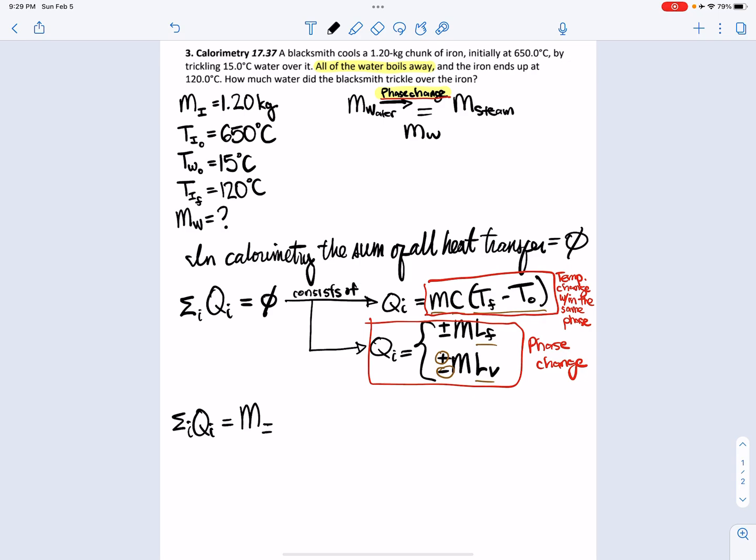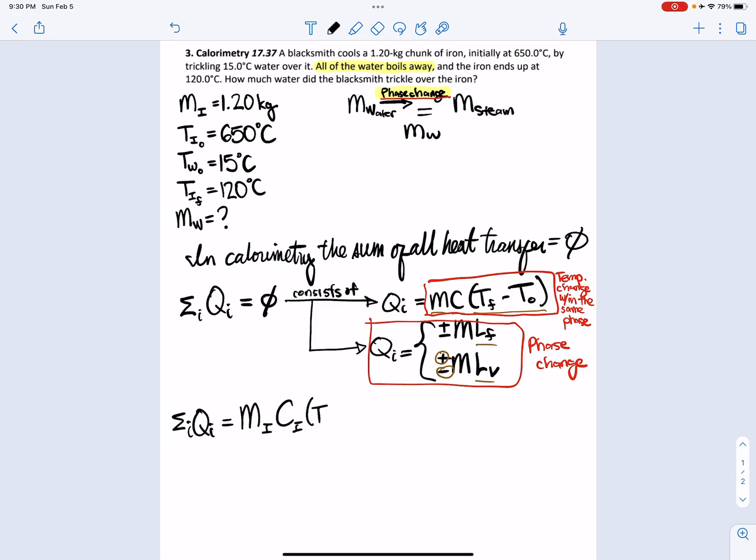mass of the iron times the specific heat of the iron, multiplied by the final temperature of the iron, T f iron, minus T not iron. I know I wrote it this way and this way, but you know what I mean. All right, I'll change it just because I have OCD.